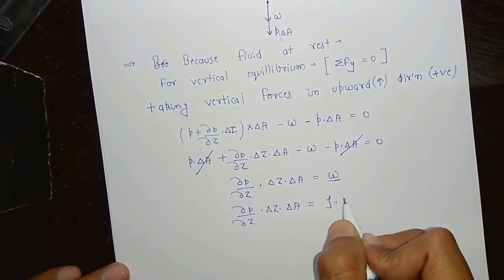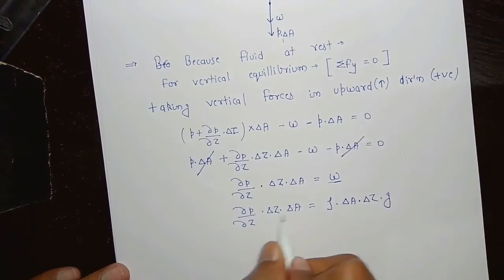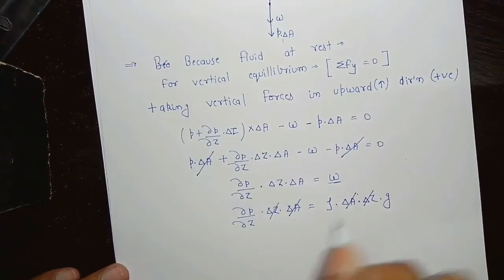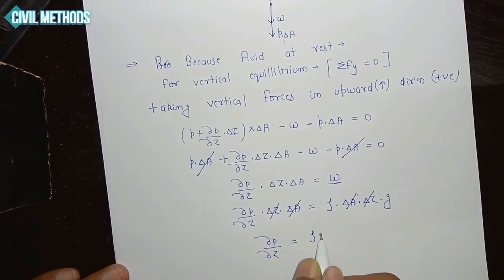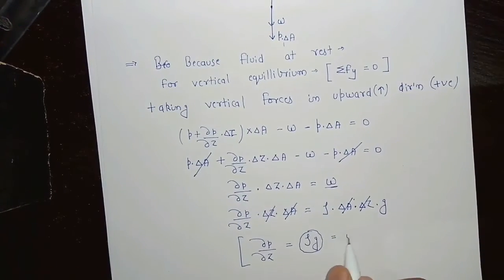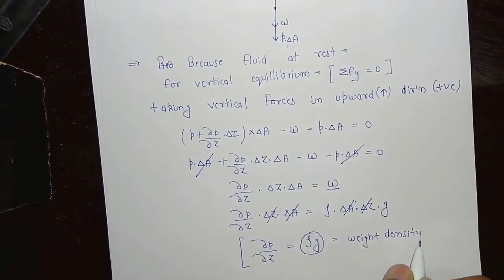Del Z and del Z cancel, delta A and delta A cancel, and del p divided by del Z is equal to rho g. And this rho g is equal to the weight density of the fluid.